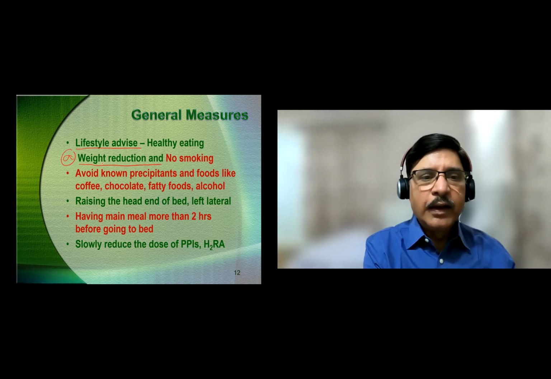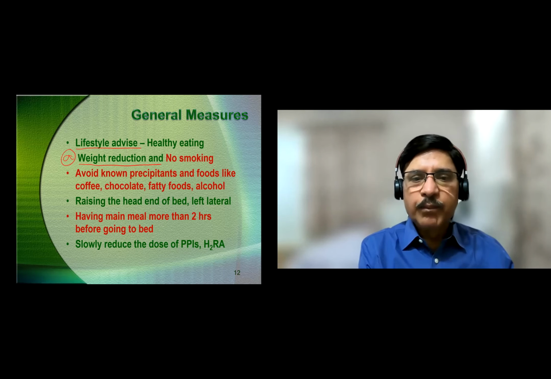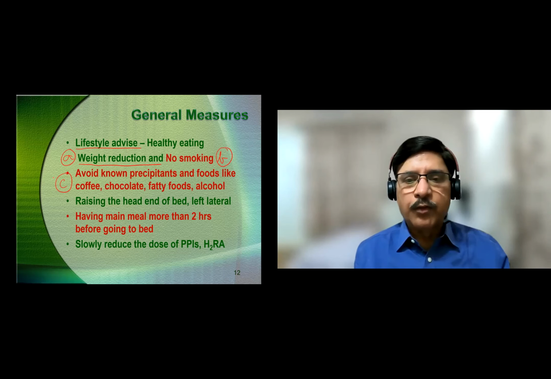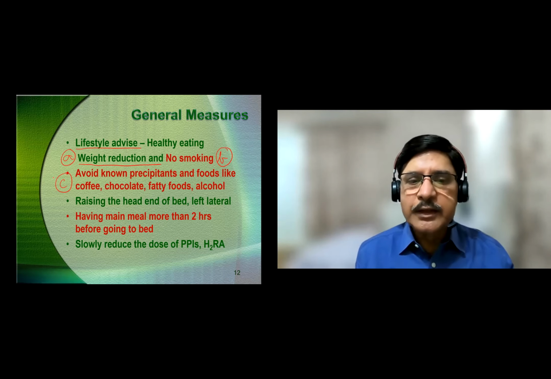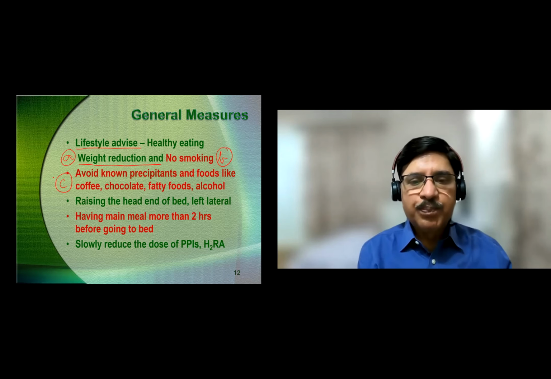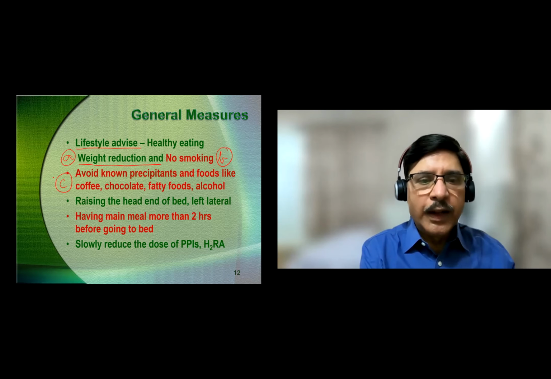Two, stop smoking. Three, avoid precipitating foods like coffee, chocolate, fatty food, alcohol, sweets. Remember, not the hot. The sweets will have a lot of fat, and that fat irritates and produces dyspepsia. And also raise the head end of the bed or keep the patient in the left lateral position.